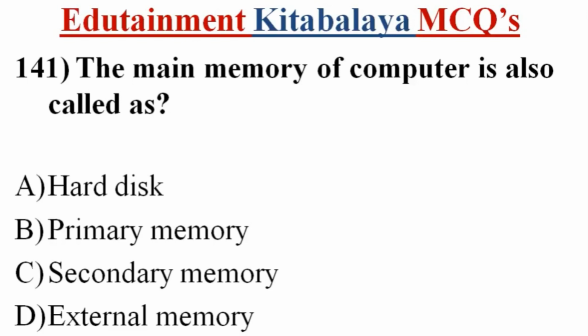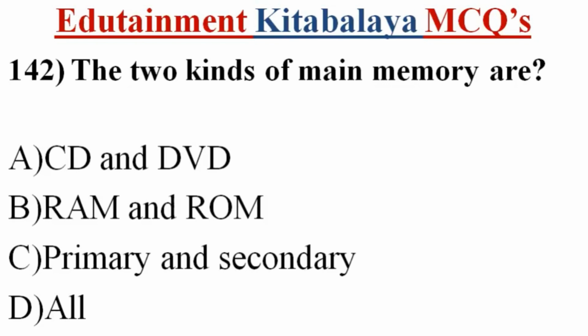C. Secondary memory. D. External memory. Correct answer is B. Primary memory. Question number 142. The two kinds of main memory are A. CD and DVD. B. RAM and ROM. C. Primary and secondary. D. All. Correct answer is B. RAM and ROM.